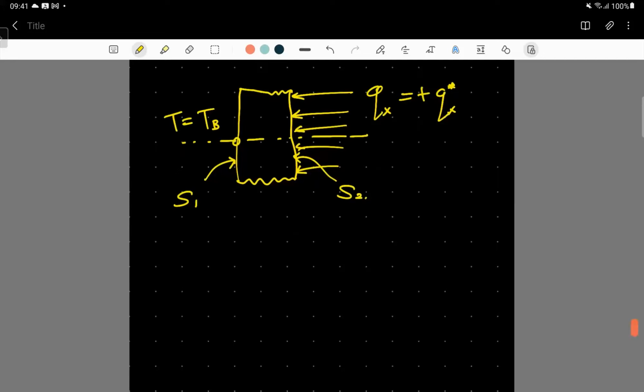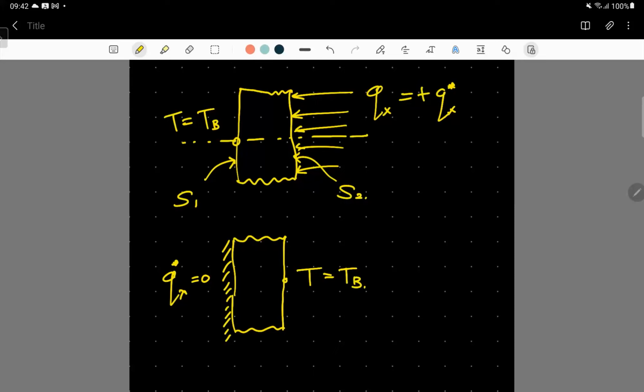In certain cases, you can find some surfaces to be insulated. In such cases, the corresponding flux at the insulated surface is 0. On the other side, you can provide any boundary condition in the form of temperature.